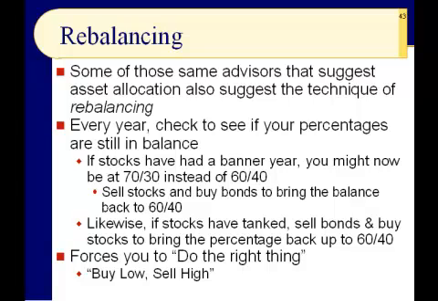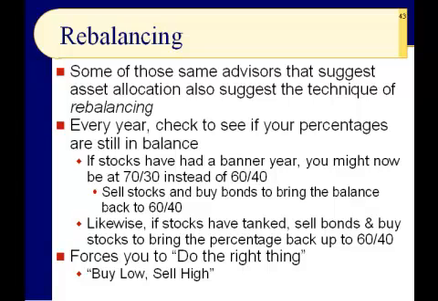Along with this technique on slide 43, some advisors suggest rebalancing. Rebalancing, what does that mean? Well, if you've set yourself a percentage, say 60-40, and stocks have had a great year, a banner year, now you might be 70% stocks, 30% bonds. You're supposed to be 60-40.